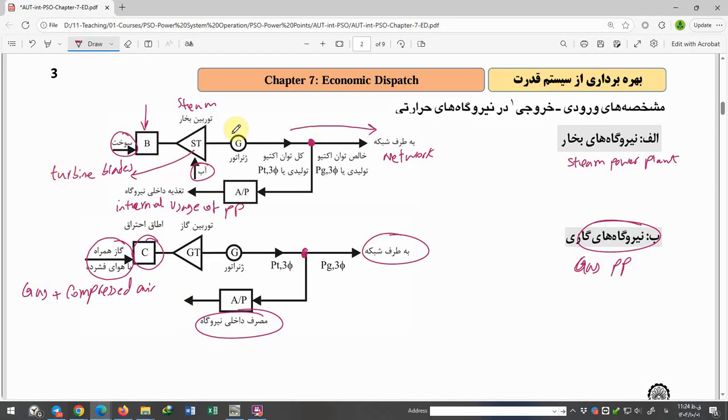So the difference between the steam power plant and the gas power plant is only their fuel.